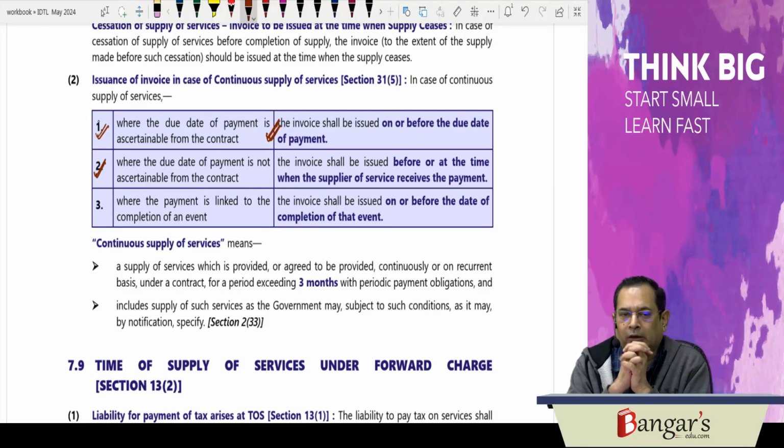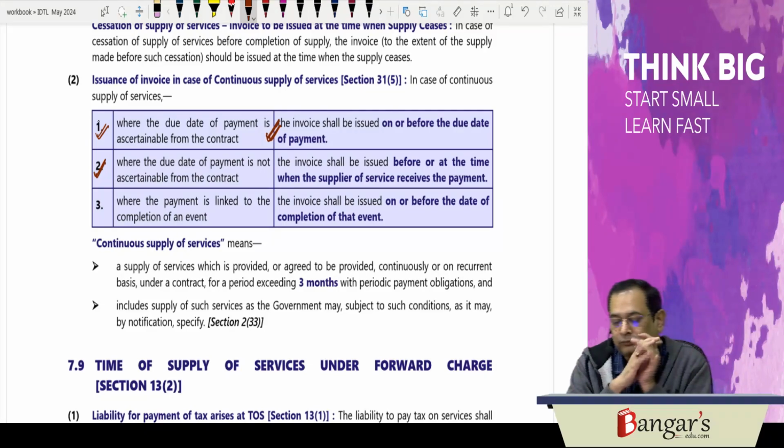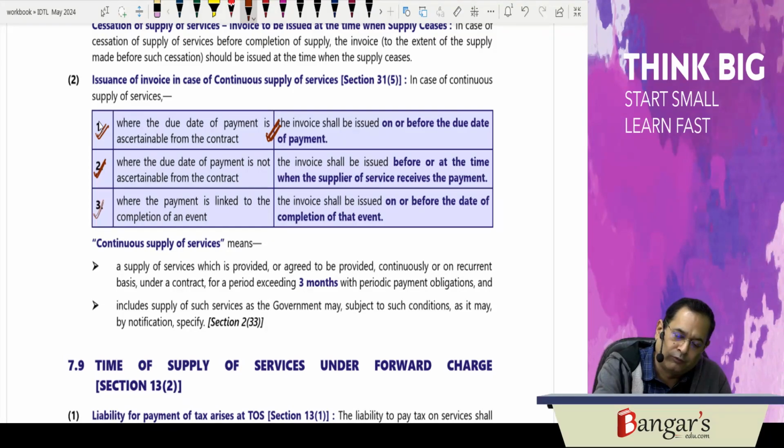And where the payment is linked to the completion of an event, the invoice must be issued on or before the date of completion of the event.